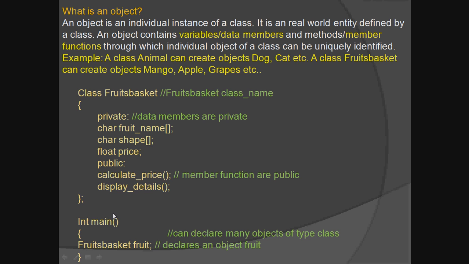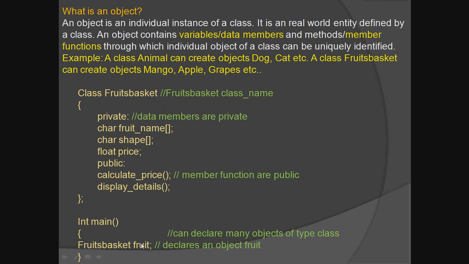Now you can see that in the main function, using the class name, an object is declared, or created. So fruit is actually an object. Using the class name, it tells the compiler that this fruit is an object which belongs to the class FruitBasket. That way a link is established between the object, the class name FruitBasket, and the members.